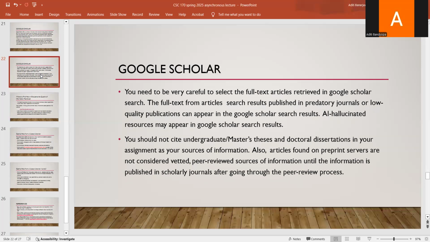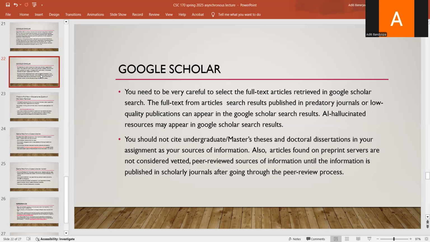A lot of full text documents appear in the search results that are not peer reviewed scholarly articles. Undergraduate or master's thesis and doctoral dissertations, articles published as preprints are good examples that come up very frequently when you search Google Scholar on a topic.